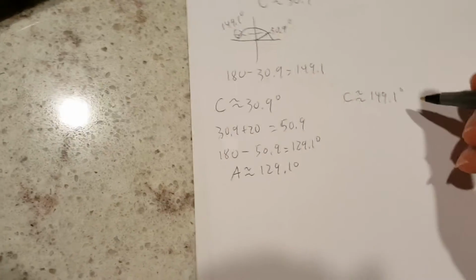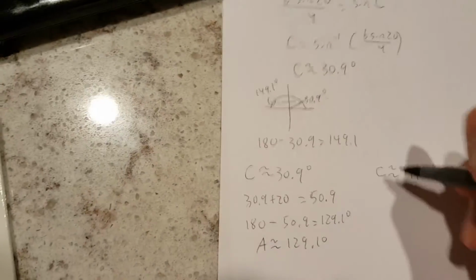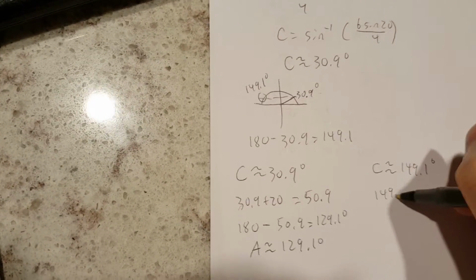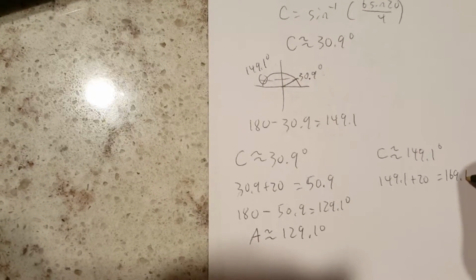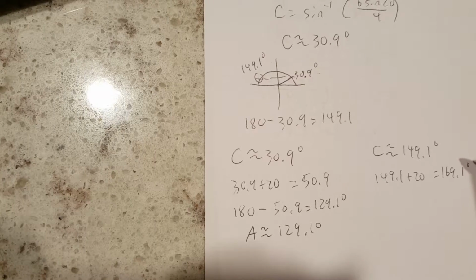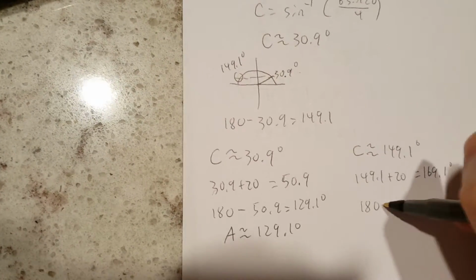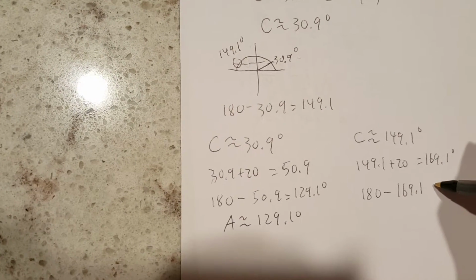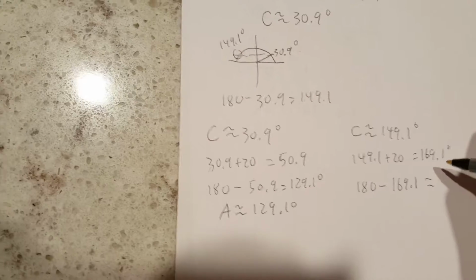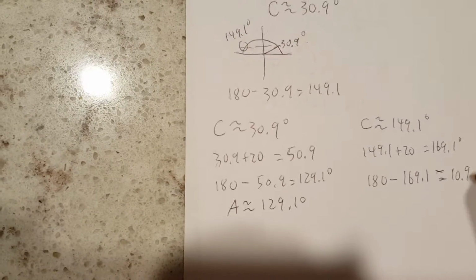In this case, if C is 149.1 and B is 20 degrees, 149.1 plus 20 is 169.1. And then 180 minus 169.1 is about 10.9 degrees.